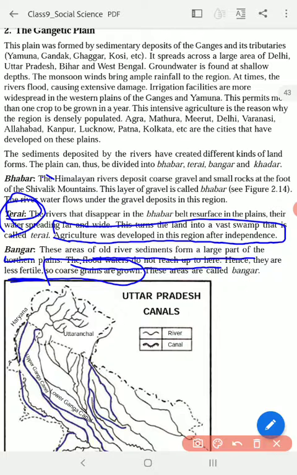Since the river doesn't reach up to this level, and it always brings in unnecessary small gravels and stones, the land is less fertile. This area we call Bangar.